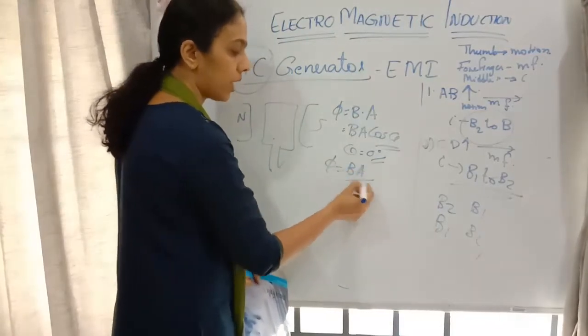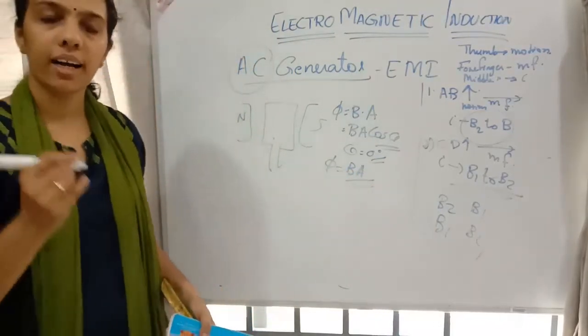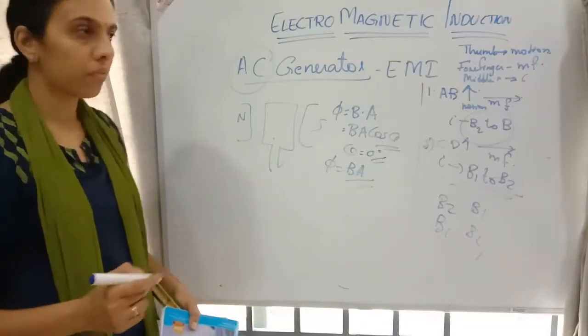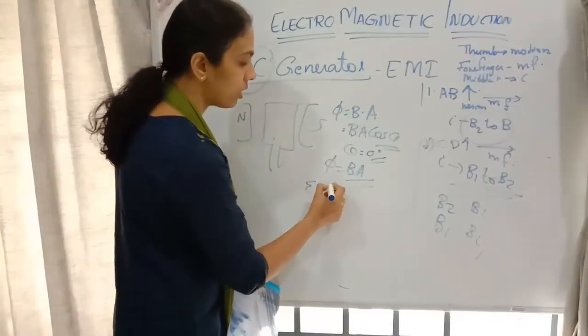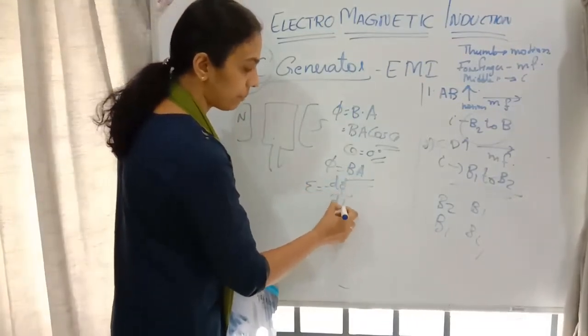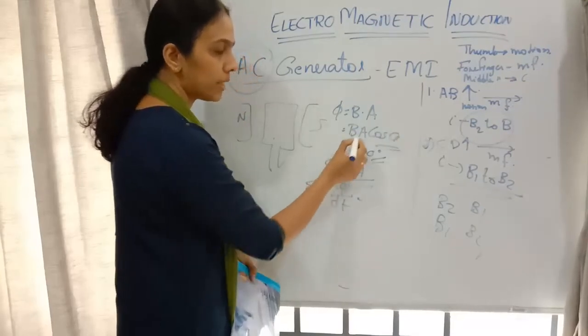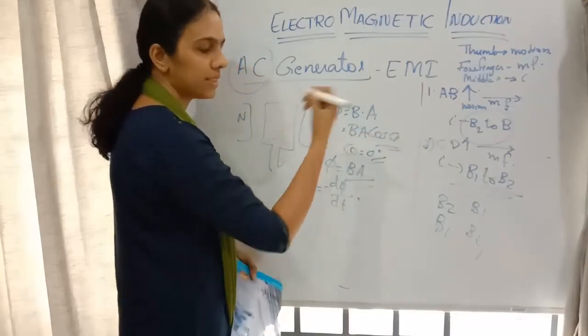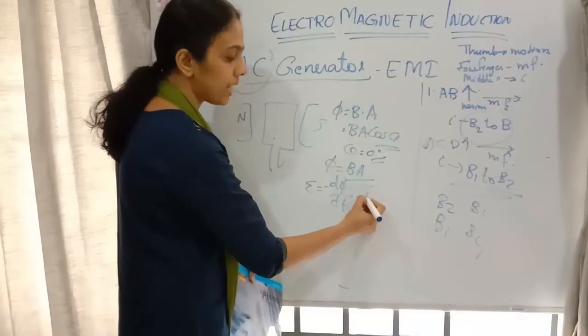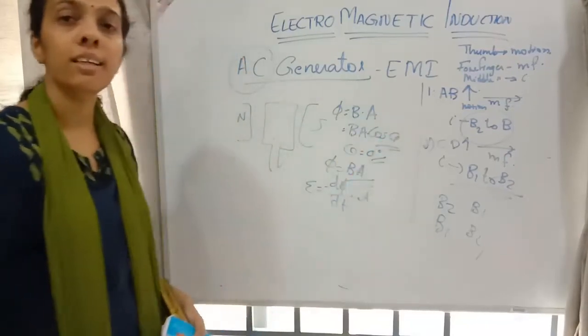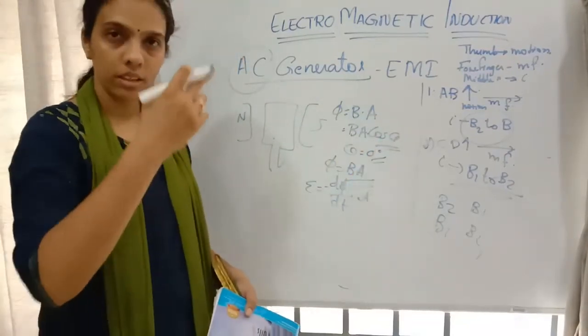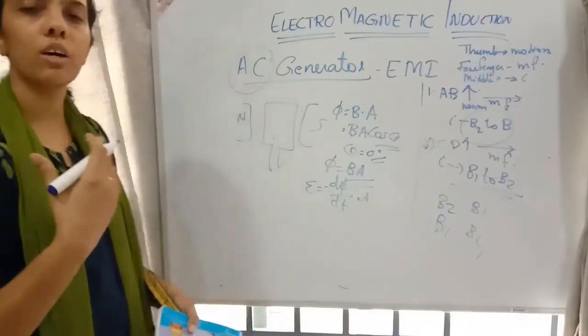Cos 0 is 1. Now, what will be the current produced? For that we need the EMF, right? How can we find E? E is minus d phi by dt. Here, what is theta? Theta is the angular rotation, right? So theta is omega t.